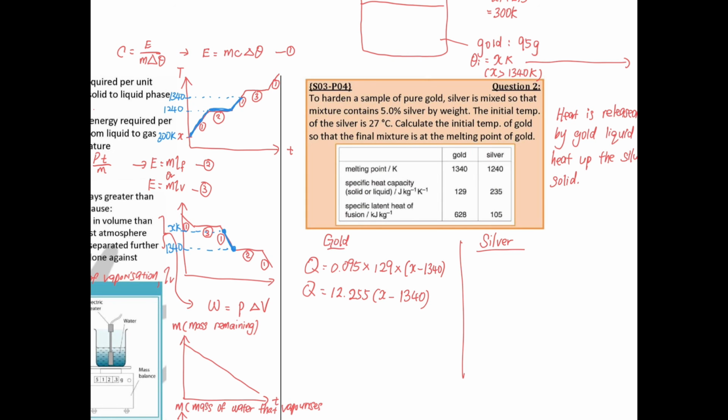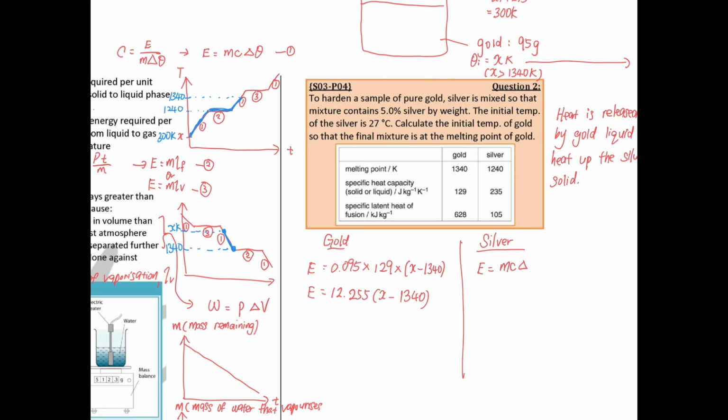Our chapter is using E, it's just that I used the Q only. Okay, let us use E then. The E means the heat energy. So it involves 3 processes.